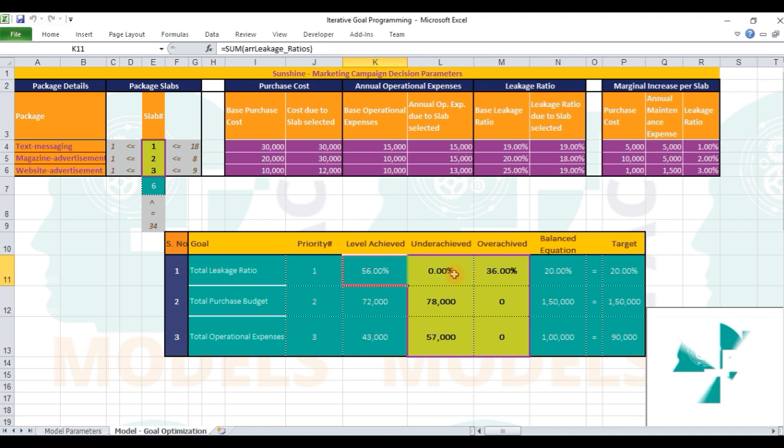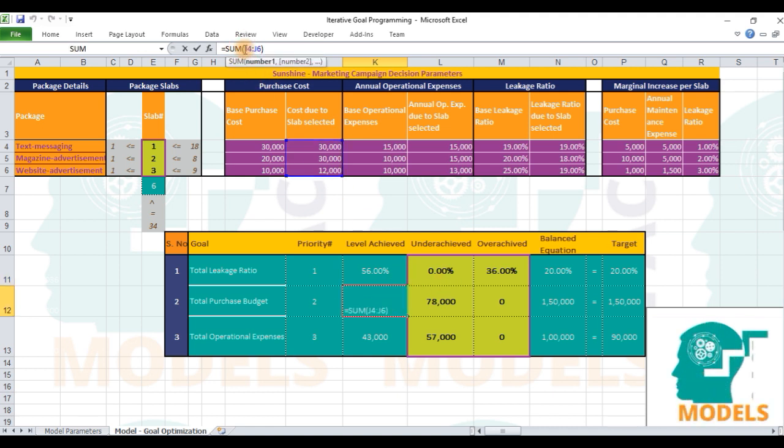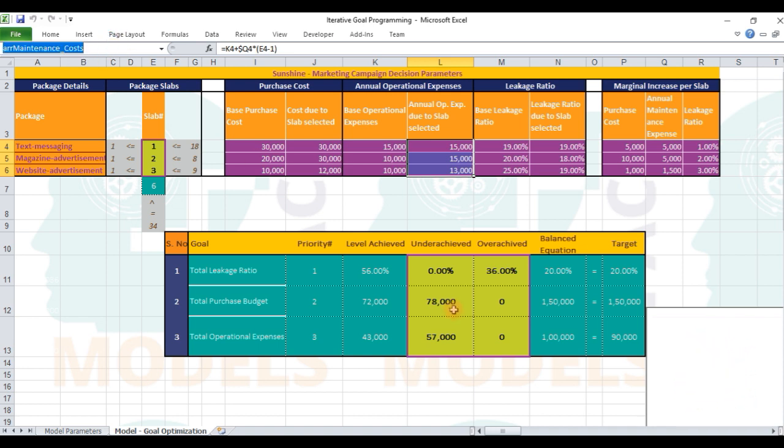Similarly, this value, denoting the total purchase cost, is the sum of these computed values of these purchase costs, named array purchase_costs, here. Finally, this value, denoting the total operational expenses, is the sum of these computed values of these operational expenses, named array maintenance_costs, here.